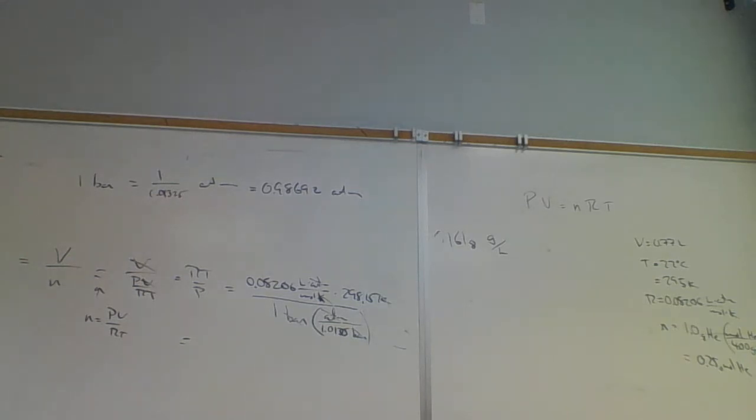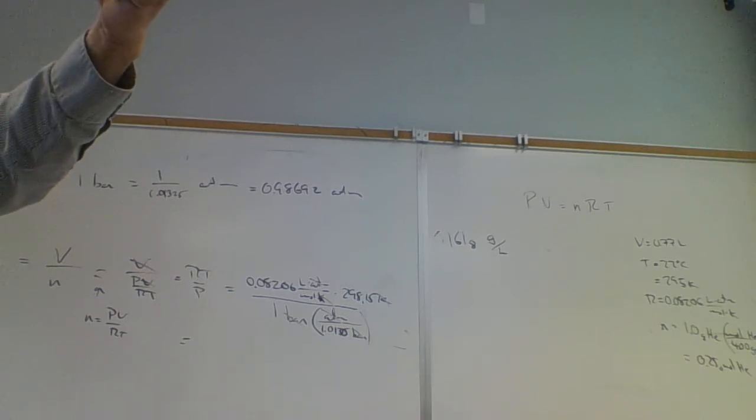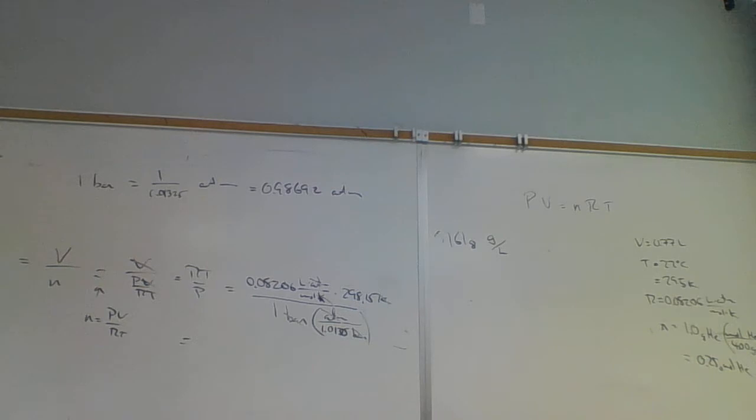A bar is a little bit less pressure, so I said 24.45, but if there's less pressure, the gas grows. If there's more pressure, the gas contracts. It depends on how much pressure. Now there's going to be a little less pressure because the bar is a little smaller. And so it's going to come out to 0.08206 times 298.15 times 1.01325.